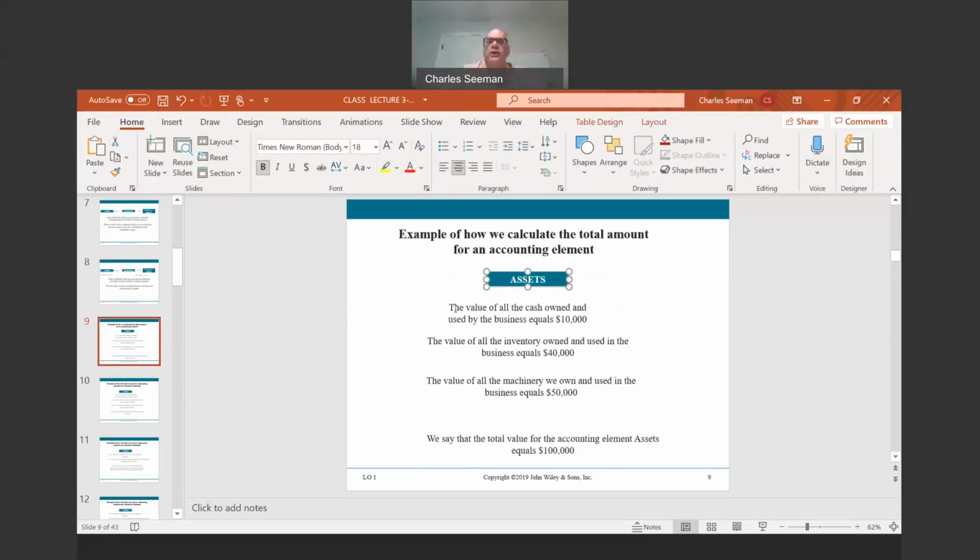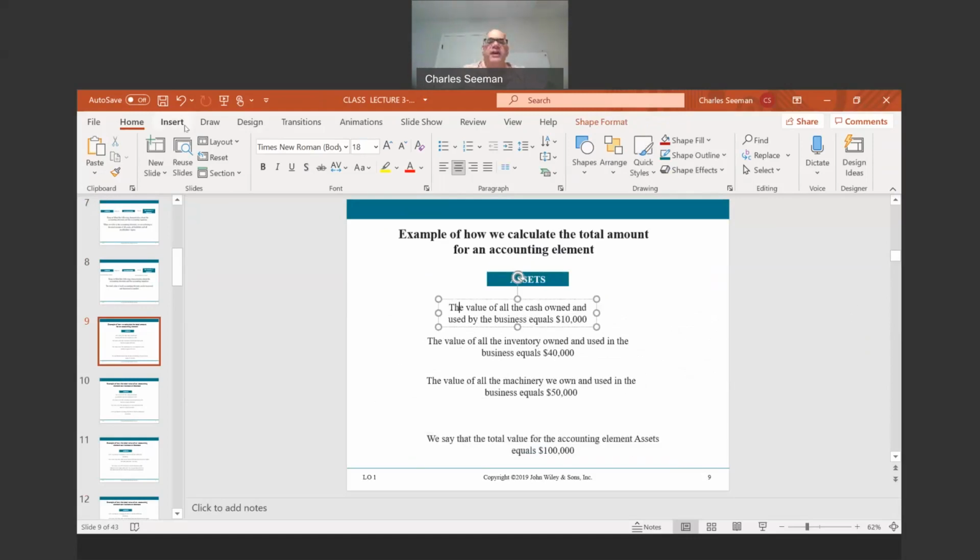For the asset element, this could have cash that would be an asset, and that's valued at $10,000. We could have inventory that's an asset, and that could be valued at $40,000. And we could have machinery that's an asset, which is valued at $50,000. So the entire element is added up.